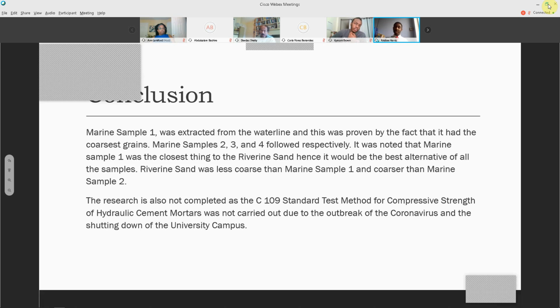However, test method C109, standard test method for compressive strength of hydraulic cement mortars, was unable to be carried out due to the outbreak because the labs were then closed. So we were unable to carry out this part of the lab. But it is expected that marine sample number one will do a good job. If not, we'll continue to work on it to ensure that we have the best sample and the best results.